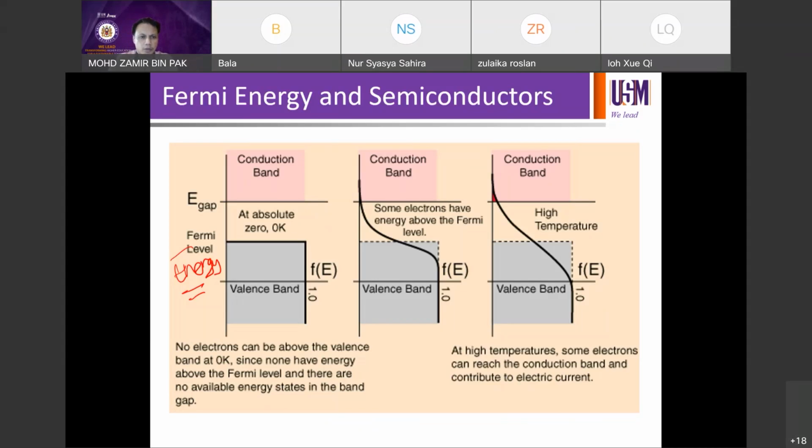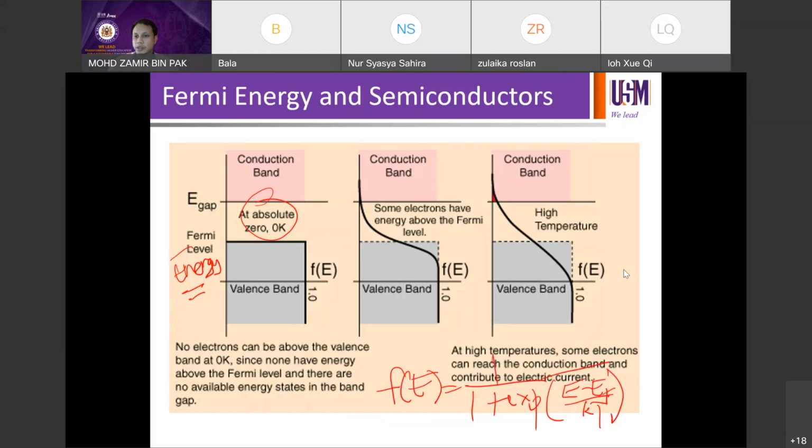When you talk about T at absolute 0 Kelvin, you get a step function, which is governed by the Fermi-Dirac equation: f(E) = 1 over 1 plus exponential of (E minus EF) over kT.